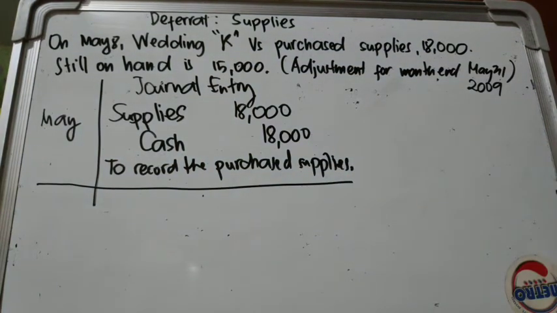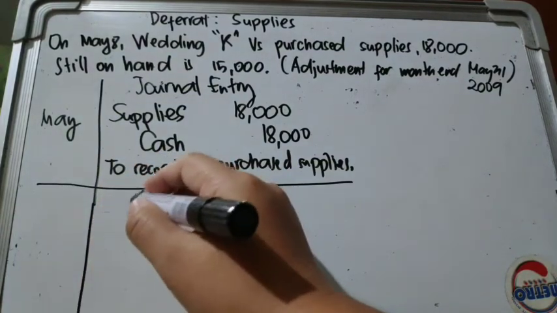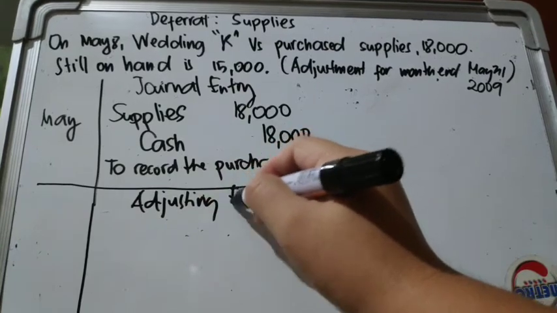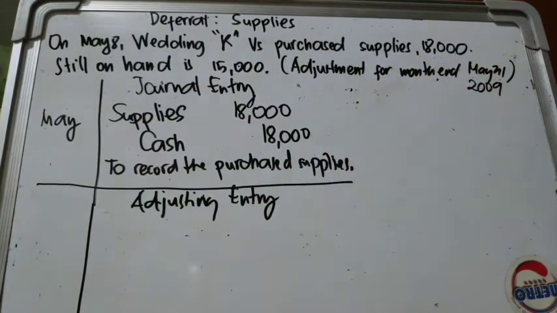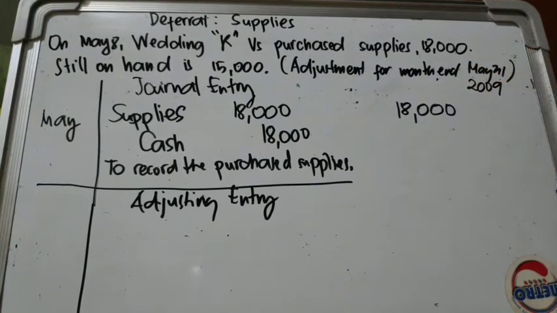Now let us analyze what will be the amount that you will put on your adjusting entry. It says that you bought 18,000 supplies, and then still on hand is 15,000.